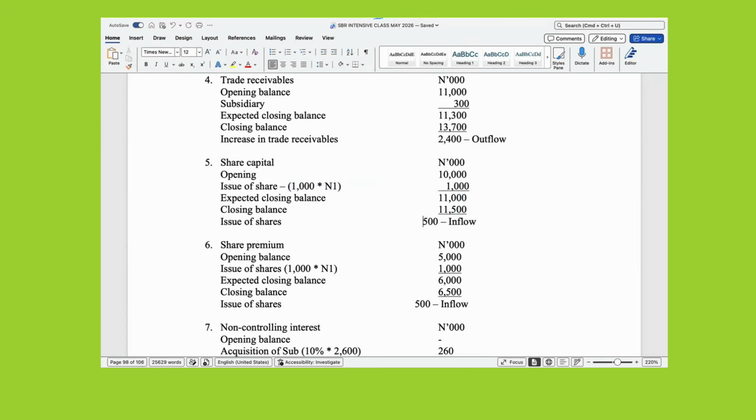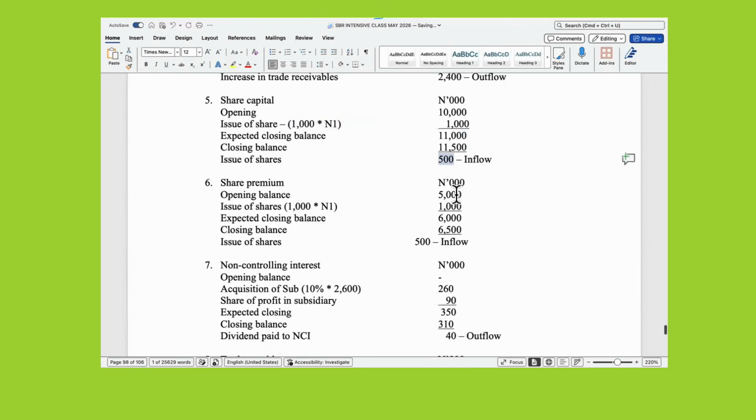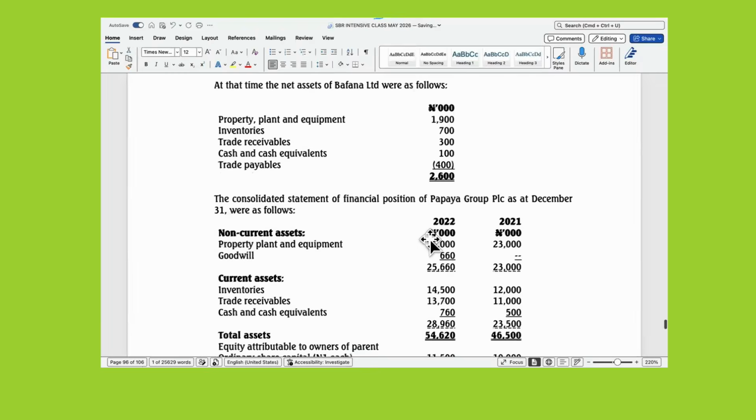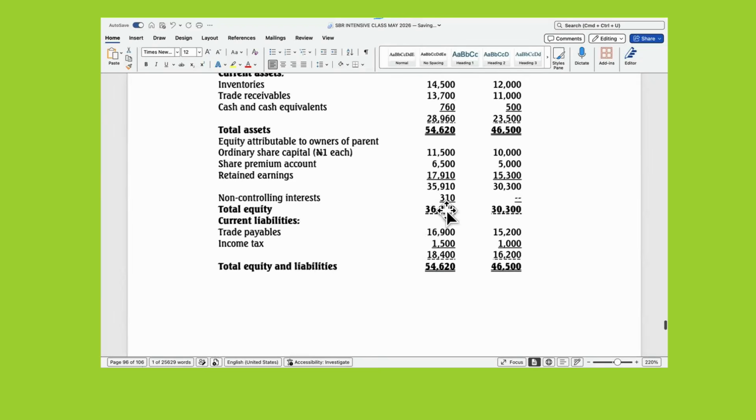So that means there's an inflow of 500. The same thing for the share premium: opening 5,000, issue of shares 1 million, expected closing 6 million, but my actual closing was 500 higher. So it increased by 500. So that's an inflow, and that's for the share capital and share premium.